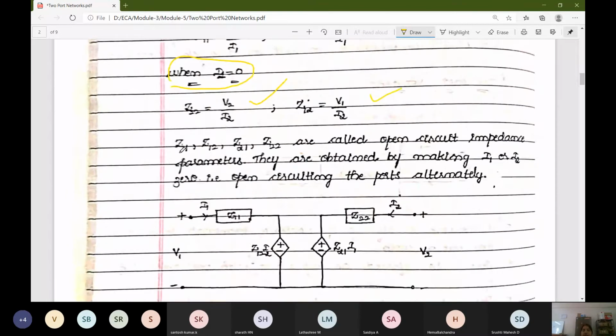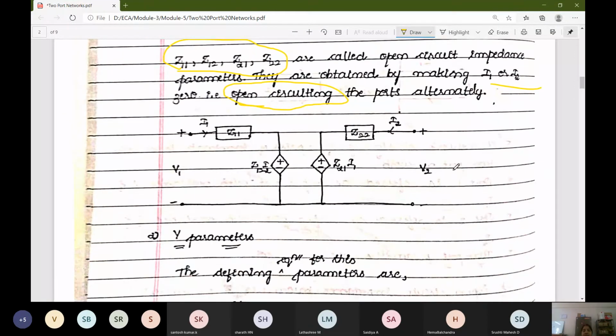Z11, Z12, Z21 and Z22 are called open circuit impedance parameters, and they are obtained by making I1 or I2 0. When you make current 0, it means open circuiting the ports alternately.